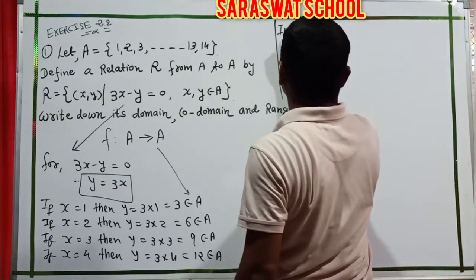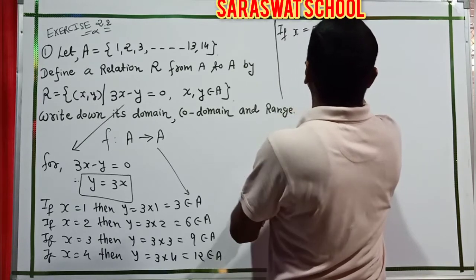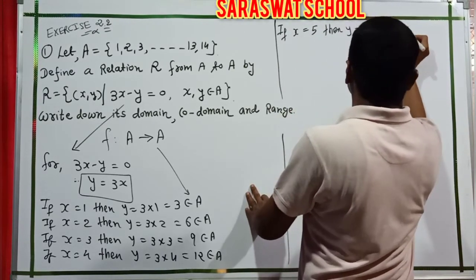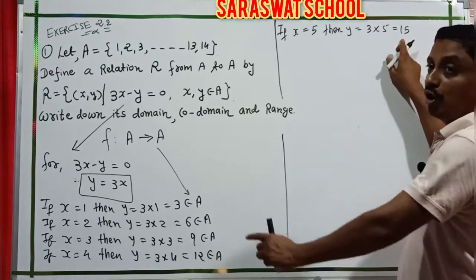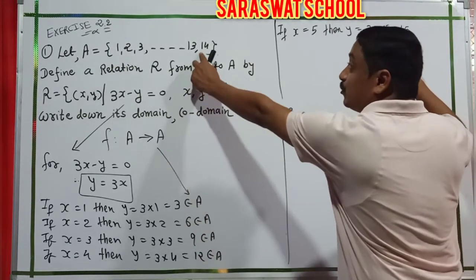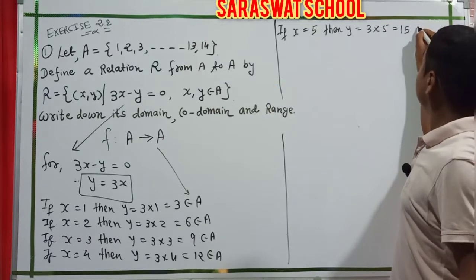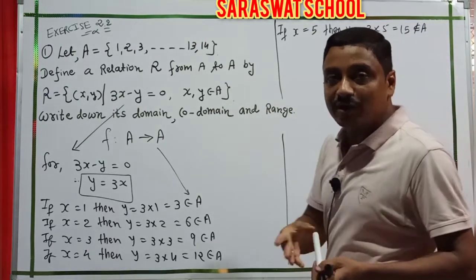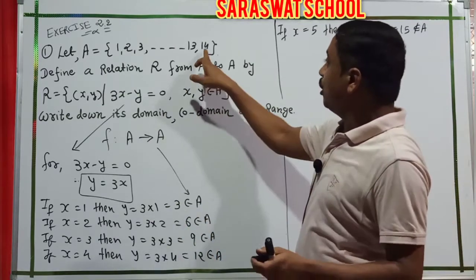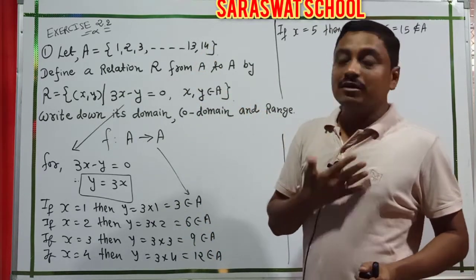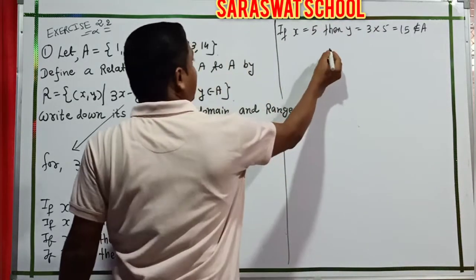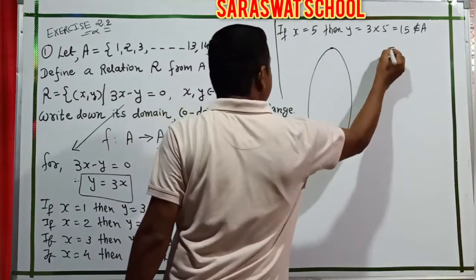If x is 5, then what is y? 3 into 5 is 15. Students, this 15 is not present in A because A is only 1 to 14. So here write down, not belongs to A. Further 6, 7, 8, 9, all up to 14 we cannot put, because it is not present in your codomain. So finally your data is ready here.